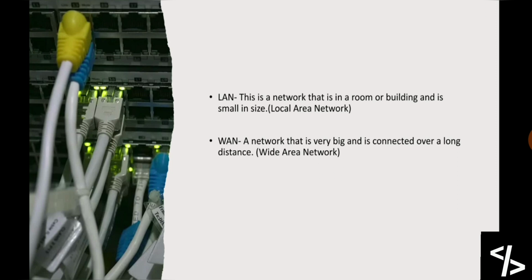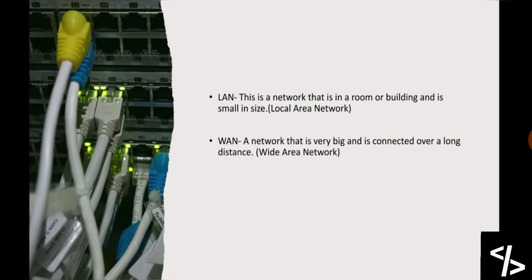And the internet service provider networks that we talked about are an example of what we call a WAN. A WAN is a wide area network. This is a network that covers a large area and can be in different countries.